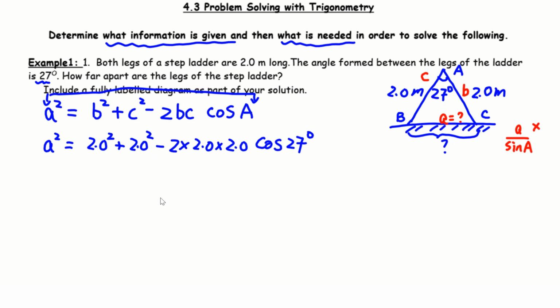And after that, what you need to do is use your calculator to find out what a squared equals. Then in order to solve for a, we move the squared to the other side. The opposite operation to squared is square root. And remember, whenever you square root something, you need to put both positive and negative in front. So we are going to use the calculator to find that.